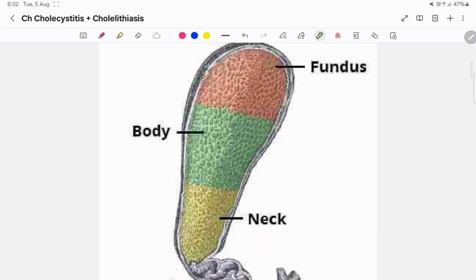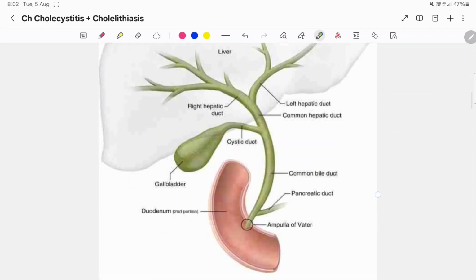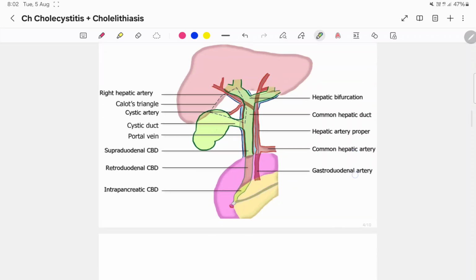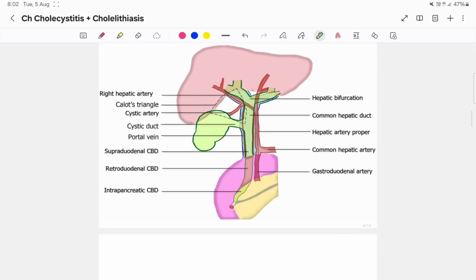What are the parts of the gallbladder? It has mainly three parts: fundus, body, and neck. Next, discuss the parts of the CBD. It can be asked in the viva. One is supraduodenal, the part which is present above the duodenum.